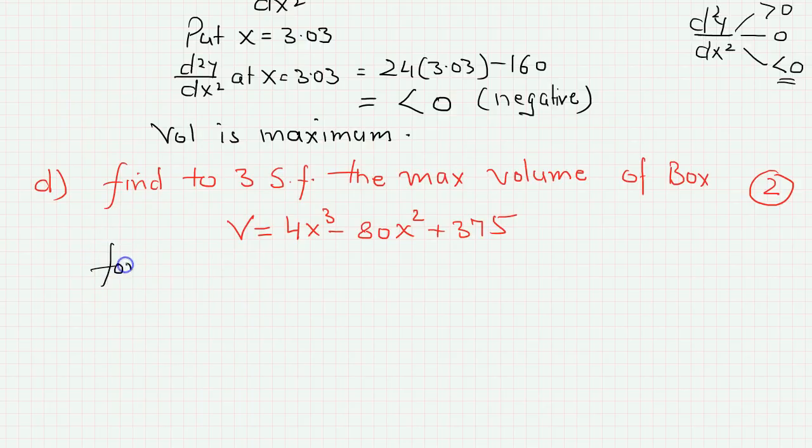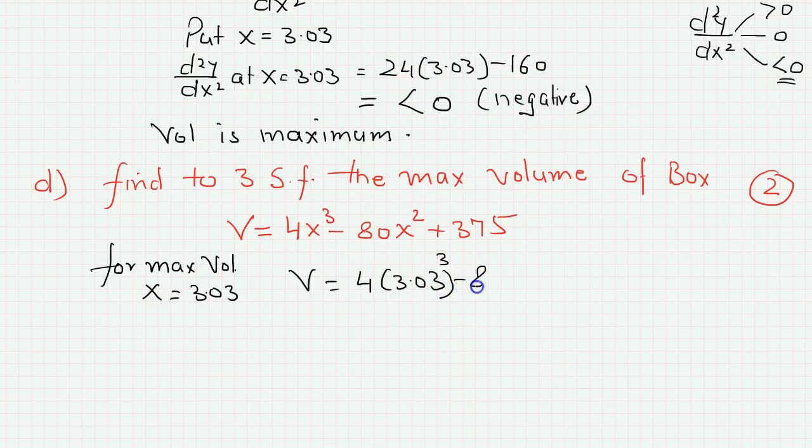For maximum volume, x is equal to 3.03. So V will be 4 times 3.03 cubed minus 80 times 3.03 squared plus 375. If you calculate it up to three significant figures, it will become 530. So that is the maximum volume.